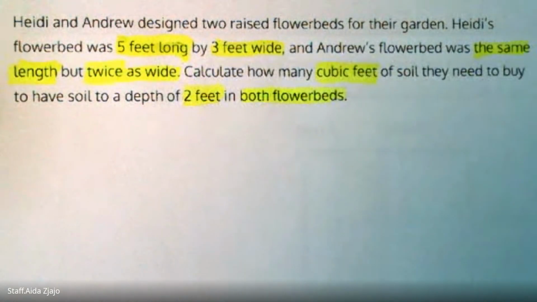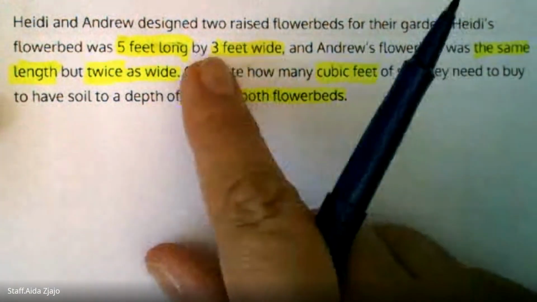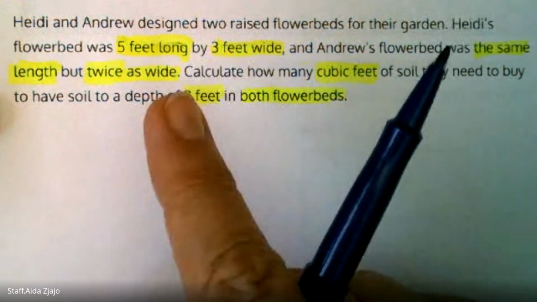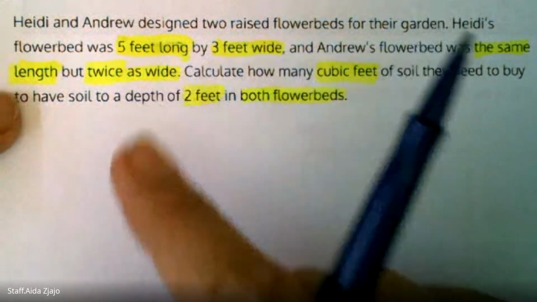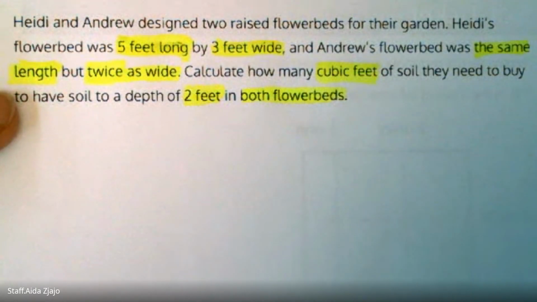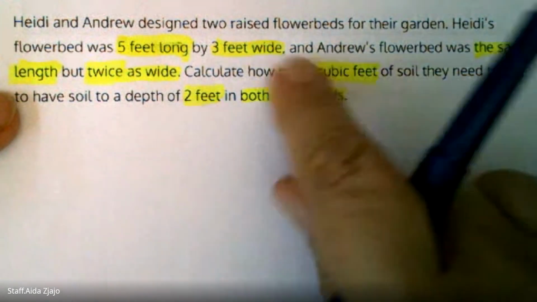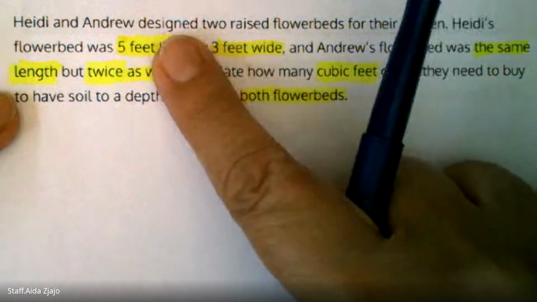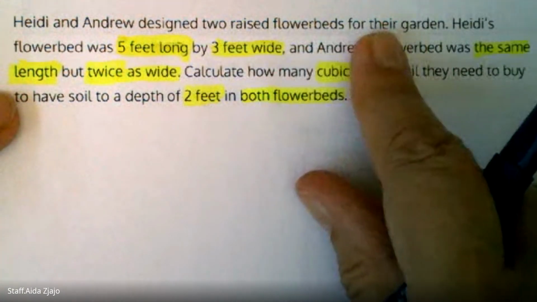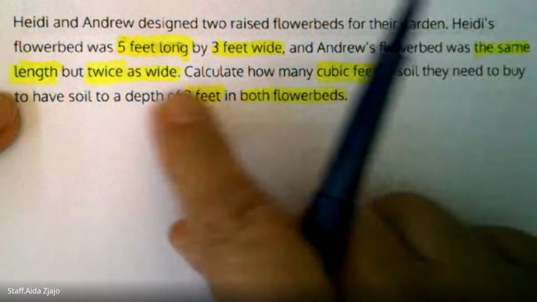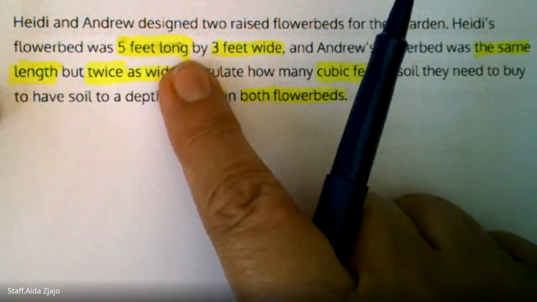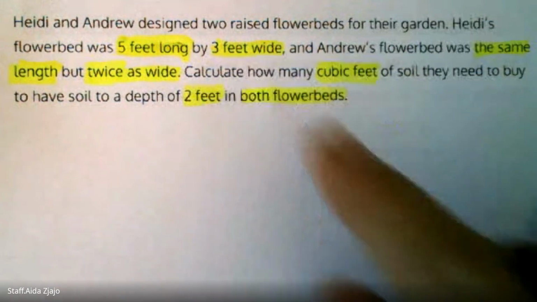So let's go again, reading one by one and drawing after each piece of information that we read. Heidi and Andrew designed two raised flower beds for their garden. Heidi's flower bed is 5 feet long and 3 feet wide.